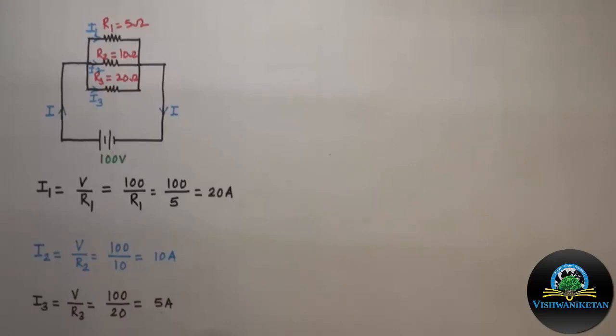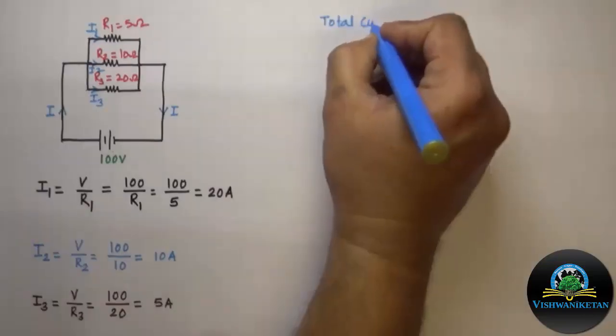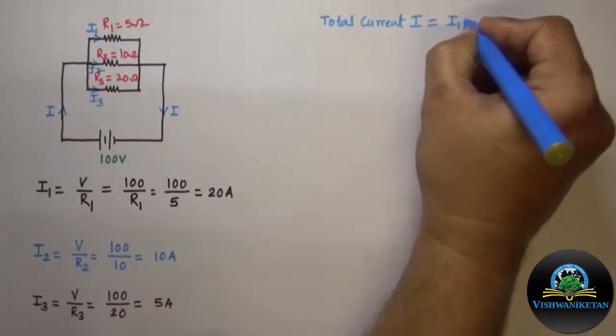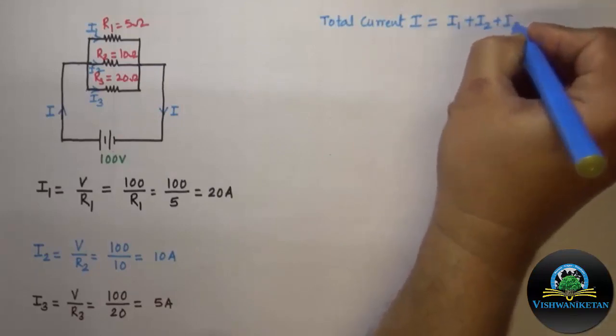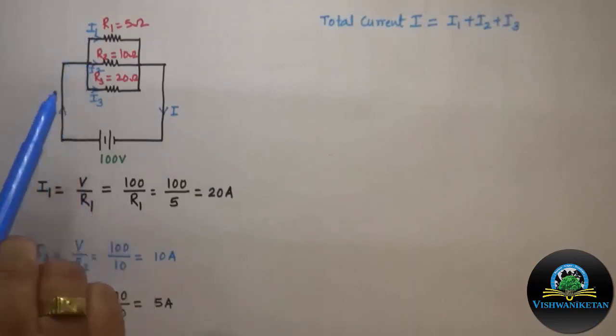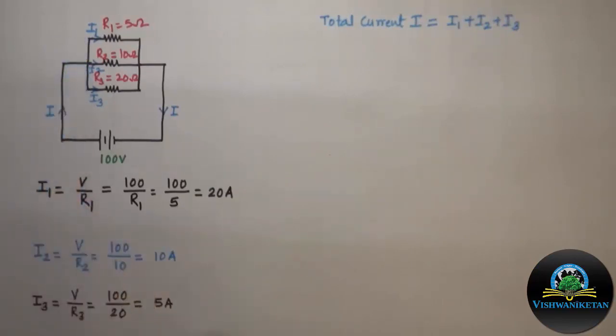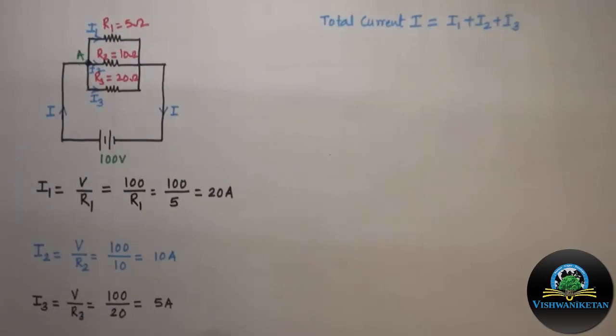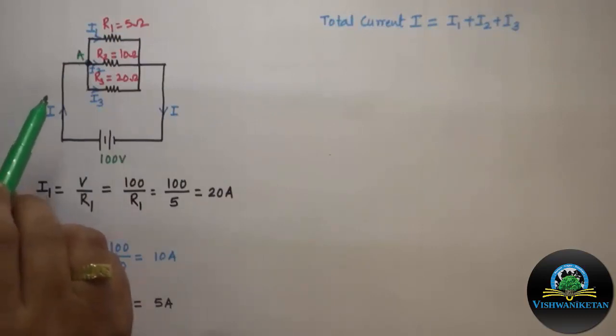Now we will calculate the current from the source, that is the total current flowing through the source. It can be calculated as total current I equal to I1 plus I2 plus I3. To understand this, let us denote this junction as A. At A we can apply Kirchhoff's current law.